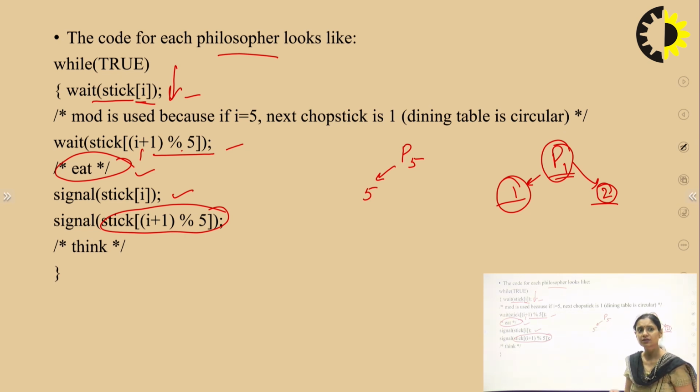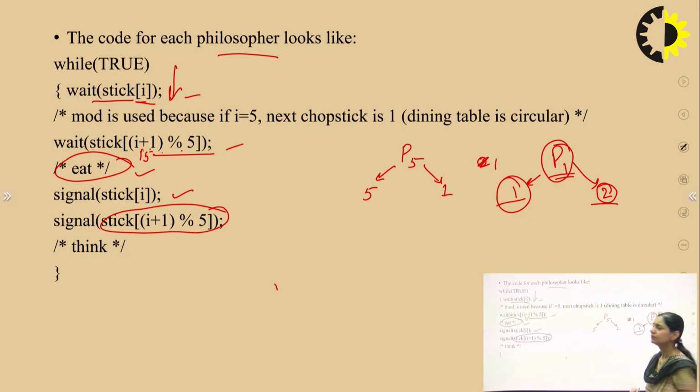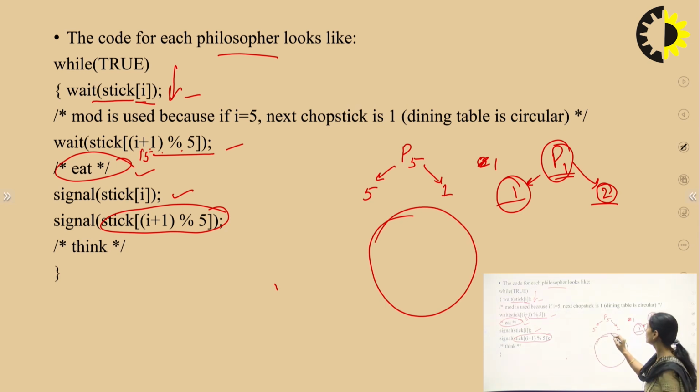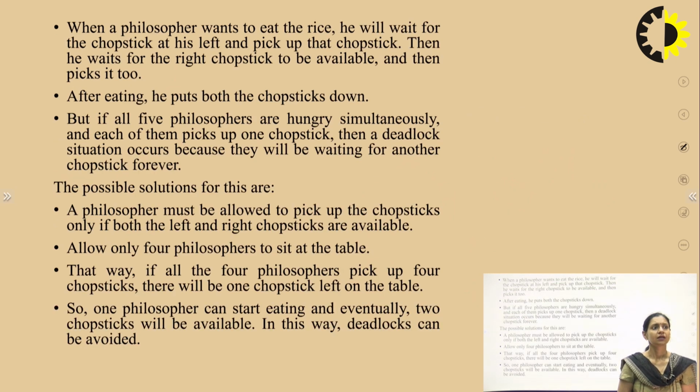But now because it needs to put a wait on the 0th chopstick, that is the first one, it would be 5 plus 1, that is the value 6, modulo 5, which leaves us the remainder 1. Because the philosophers are sitting in a circular arrangement, if we have P1, P2, P3, P4 and P5, P5 would need the P5 and the P1 chopsticks if the philosopher wants to perform the eat operation.